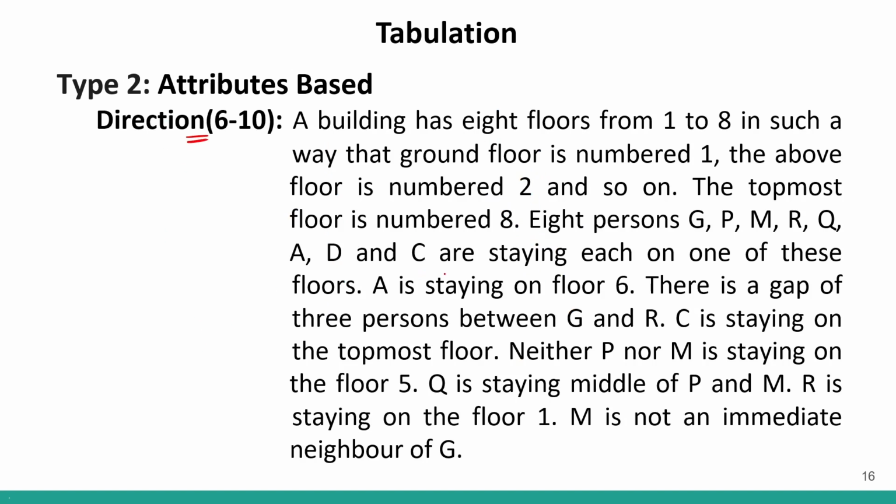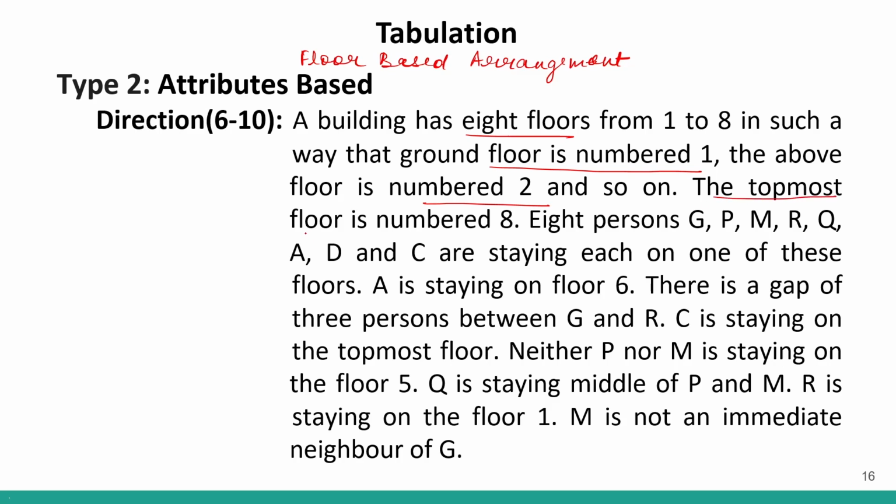So based on this data, we will have questions from 6 to 10. So let us solve. Okay? It is given to us a building has 8 floors. So this is basically a floor based arrangement. Now, a building has 8 floors from 1 to 8 in such a way that the ground floor is numbered 1, the above floor is numbered 2 and so on.